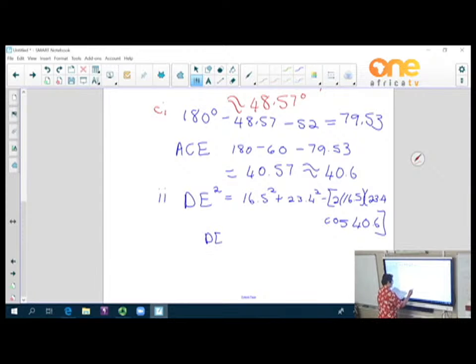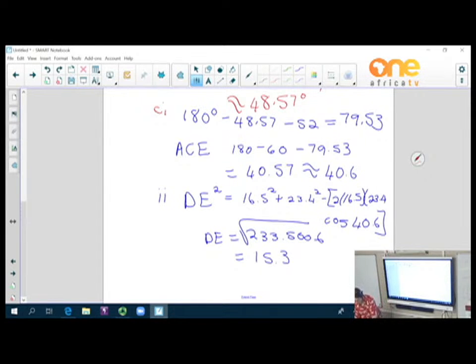So DE squared is equal to 233.5006. I get the square root of that, and the answer is 15.3.